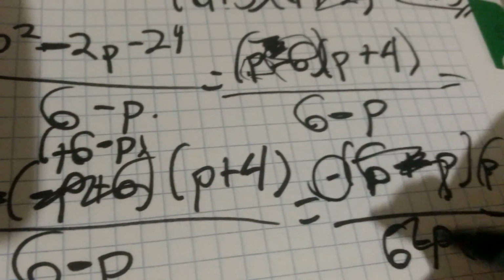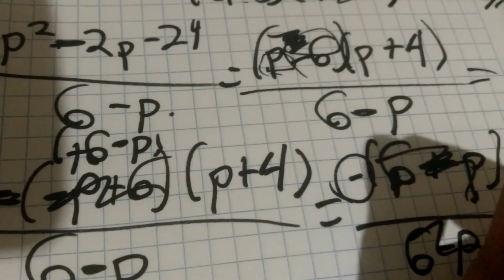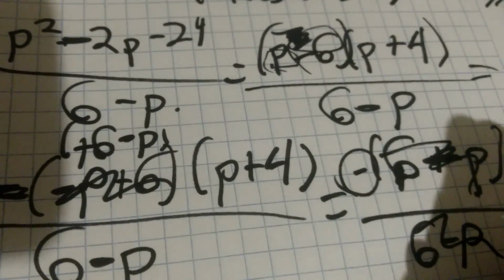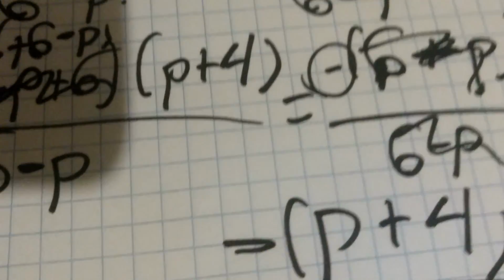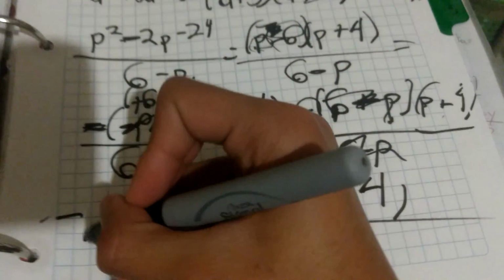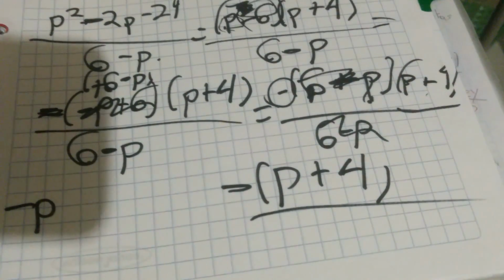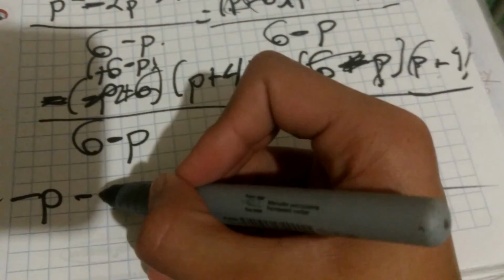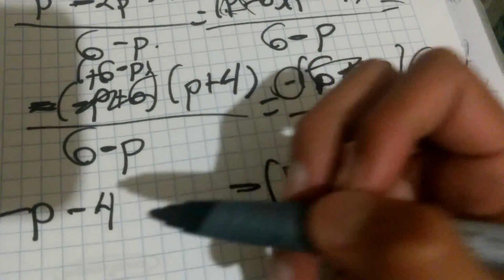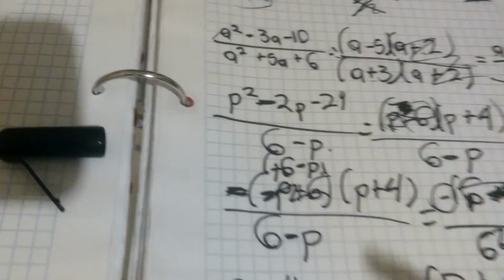We are left with the negative sign that would be now multiplying only p plus 4, and it is equal to minus p and minus 4. So that's our final.